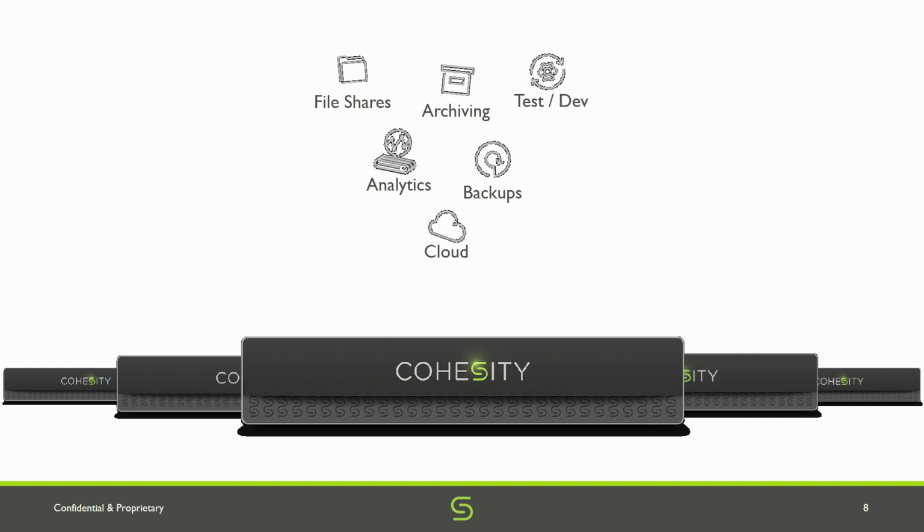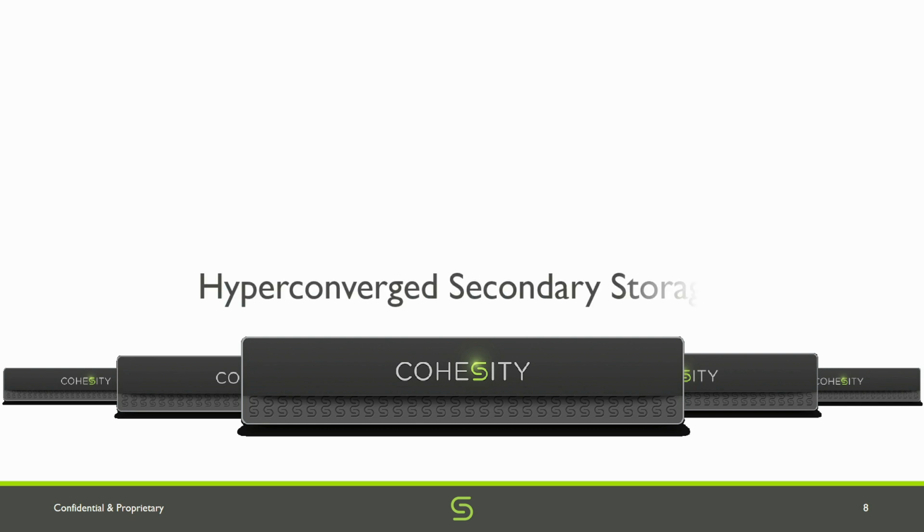We sell physical appliances, but it's fundamentally software, and you can buy it as software only and deploy it on pre-certified systems. But it's optimized for secondary data, right? It's optimized to consolidate all of this secondary data on this single solution and to manage the data at scale. That's essentially what we're setting out to build.